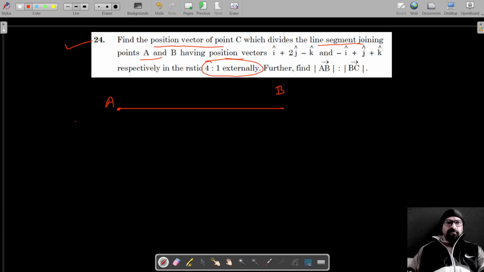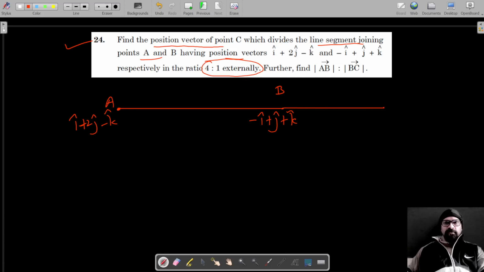Now, the position vector of A is I cap plus 2j cap minus k cap. The position vector of B is negative I cap plus j cap plus k cap. Now, there is a point C externally on this line.